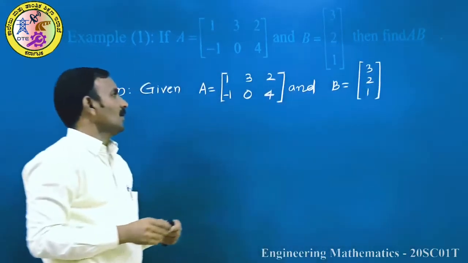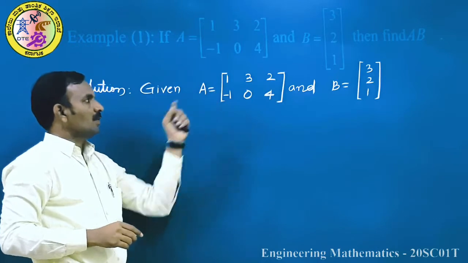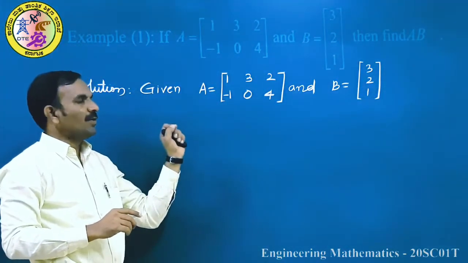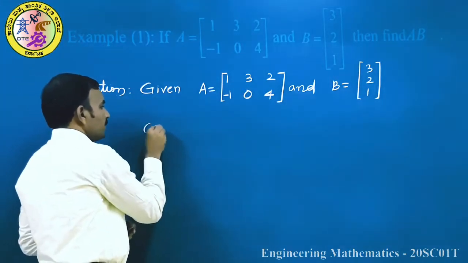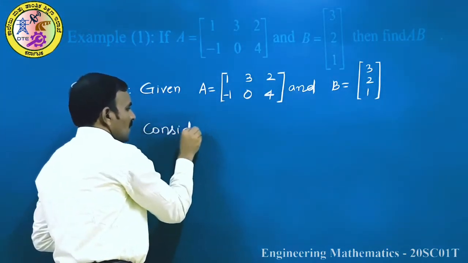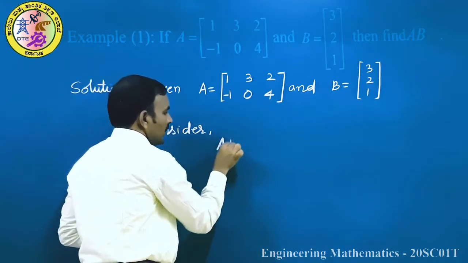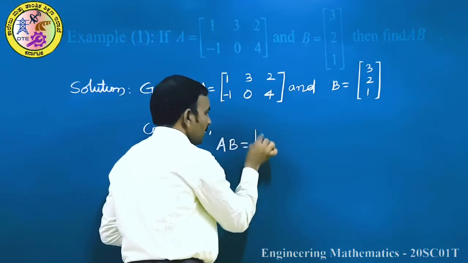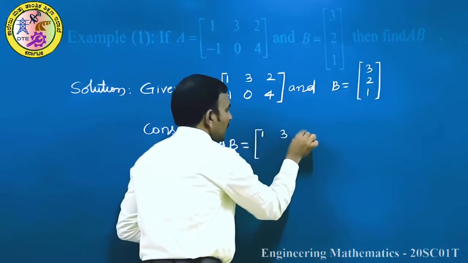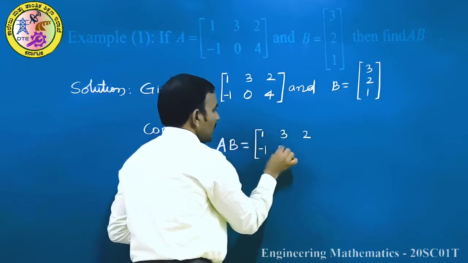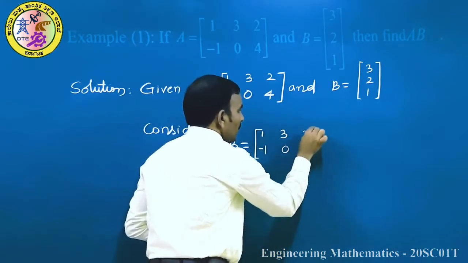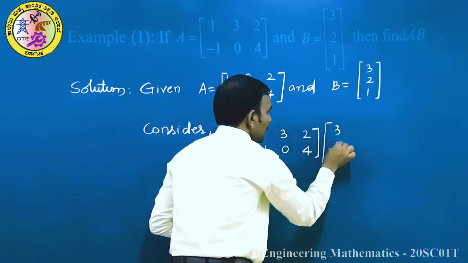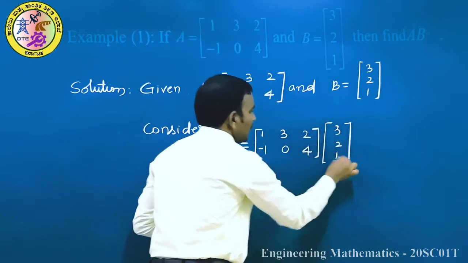Matrix A is a 2 cross 3 matrix, B is a 3 cross 1 matrix. Therefore, you can find AB. Now consider A into B: first write the A matrix, 1, 3, 2, minus 1, 0, 4, into B, which is 3, 2, 1.